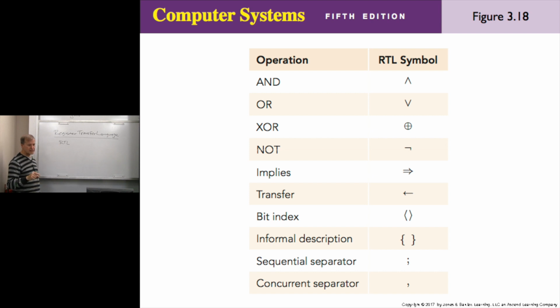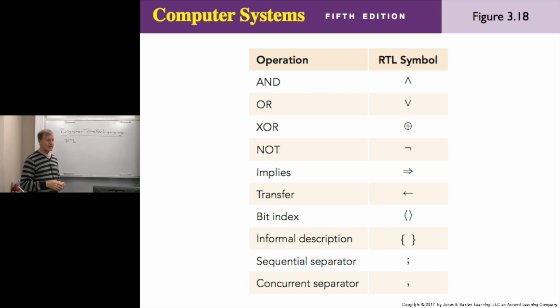Now, in the industry, there is no single universal register transfer language. Every company provides a product that has its own RTL symbols. So for this text I've just used the common ones. It's representative, but you should be aware that there's no one single standard. But this is common, so let's take a look at them.